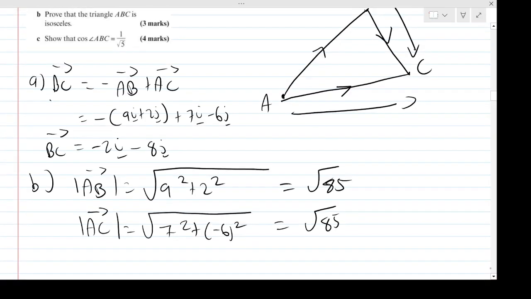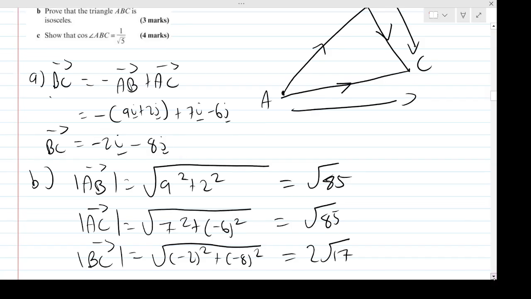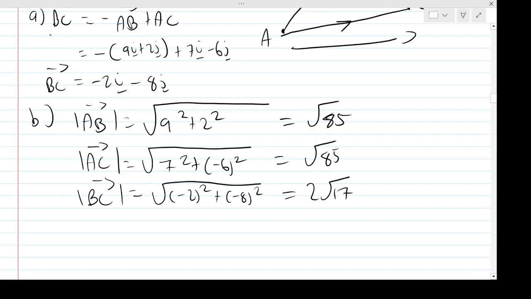But then we also need to check BC, the other side. So the length of BC, well, we found BC in part A. So it's going to be root minus 2 squared add minus 8 squared, which would get me 2 root 17. So that's different. But what we can see then is that exactly two sides are equal.